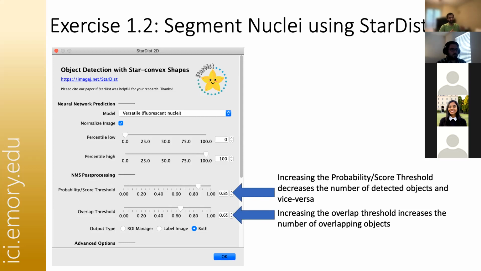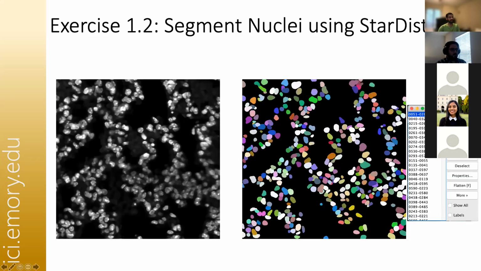That's something which you can play with later on today. So the first thing is to segment nuclei using StarDist. And it's straightforward. You open the image, you go to the StarDist 2D plugin, you apply certain values to it, and I will let you play with these values so that you understand.